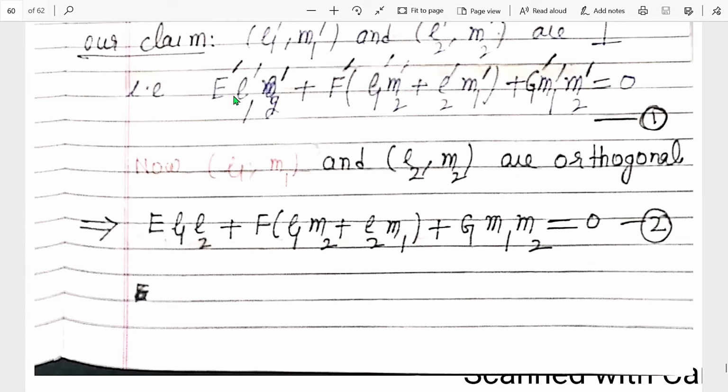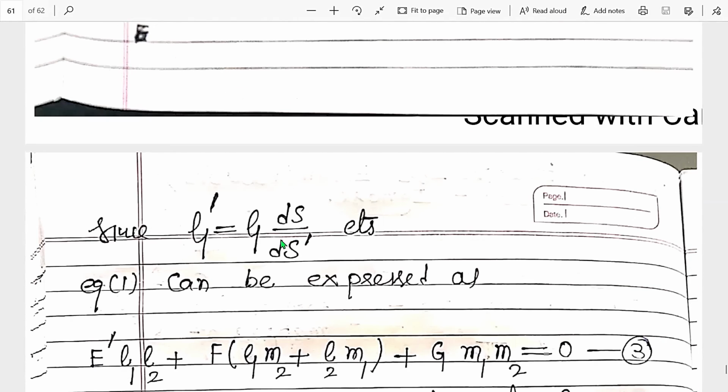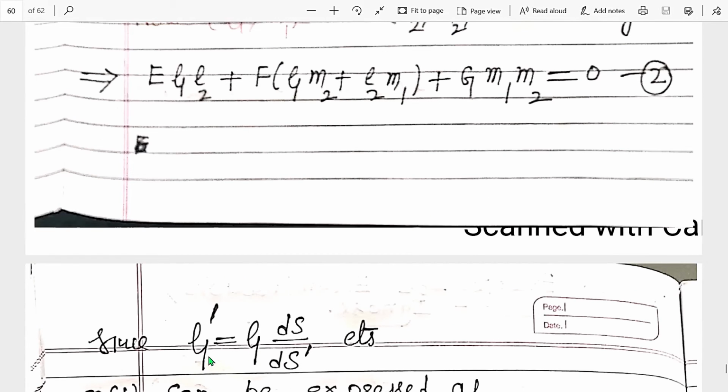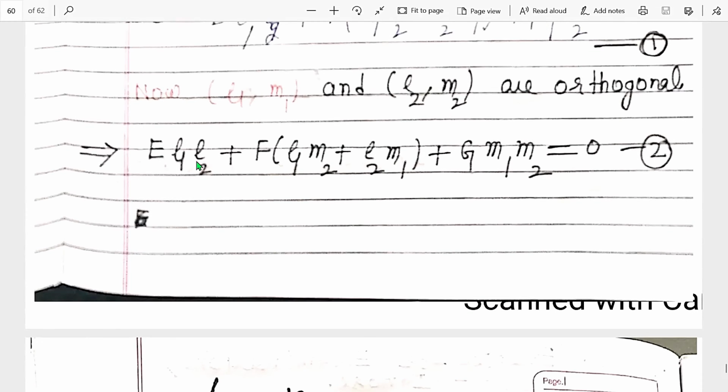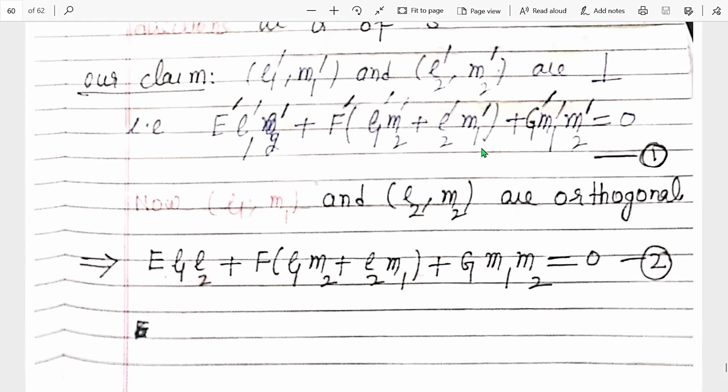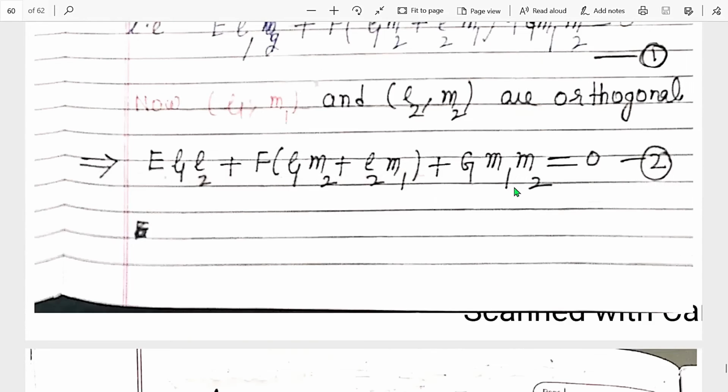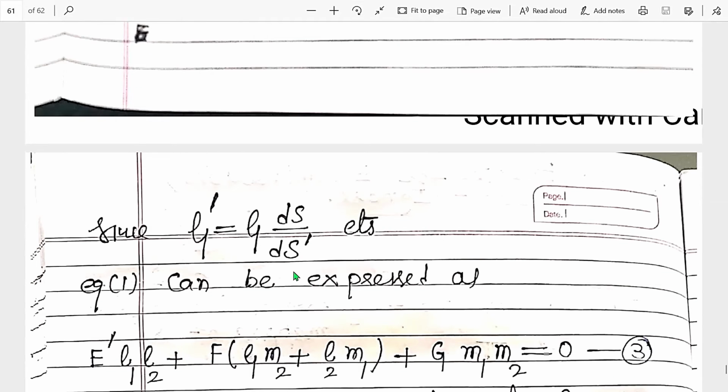L1 dash and L2 dash can be written in the form of L1 and L2. Clear? When we use this result in this equation, ds by ds dash will be the common part.